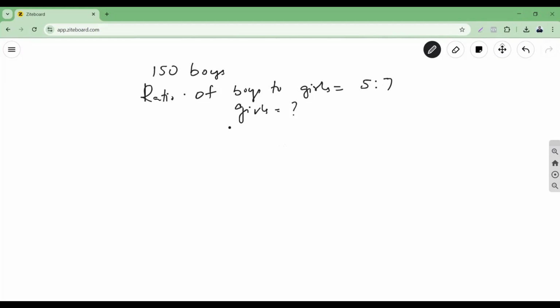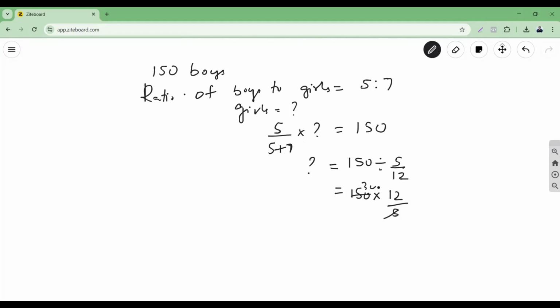What is the multiple? 5 out of 5 plus 7 of something is 150. That means 5 parts out of the 12 parts is 150. What is the total number of parts? It is going to be 150 divided by 5/12, that means 150 times 12 over 5.